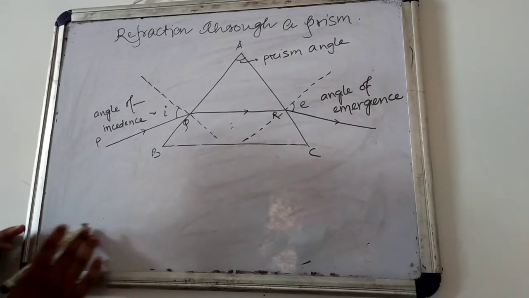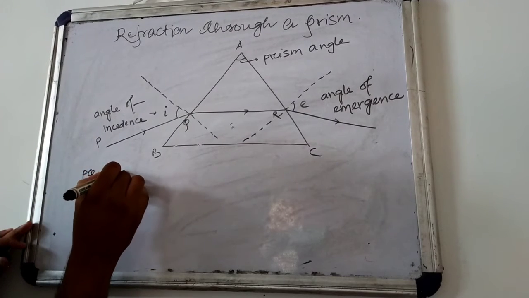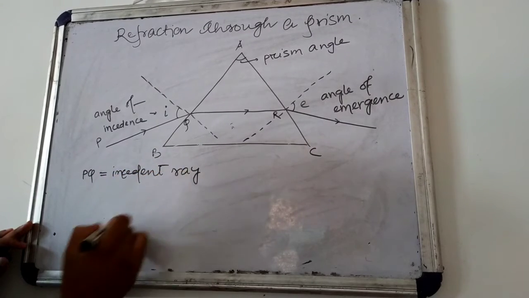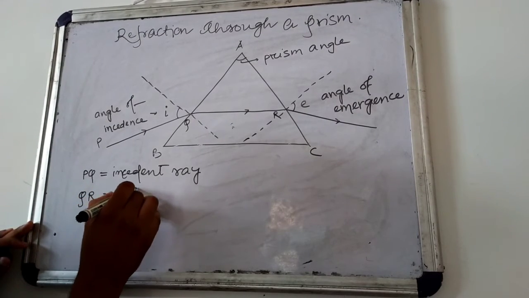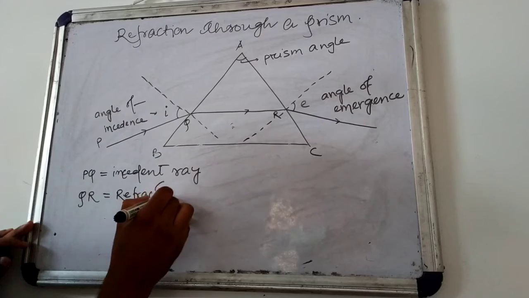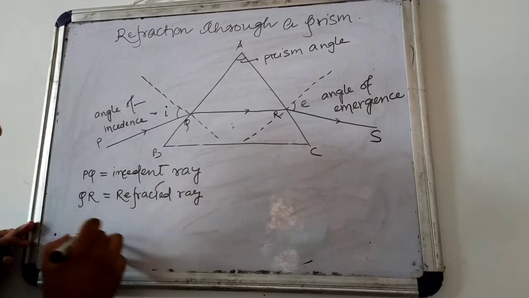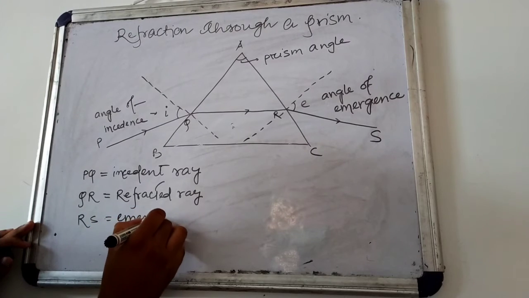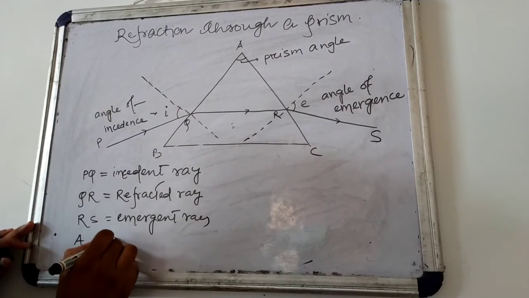This PQ, this one is incident ray, QR is refracted ray, and suppose this point is S, RS is emergent ray, and angle A is prism angle.